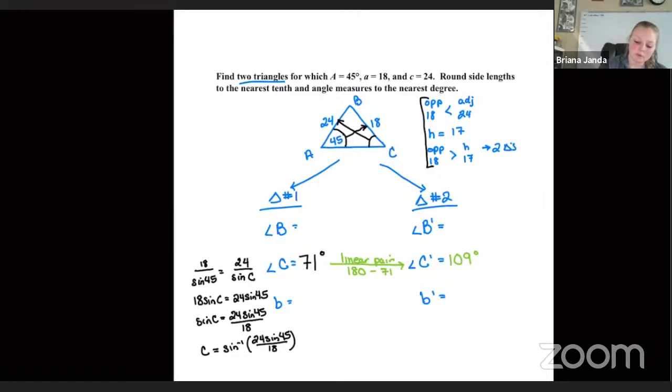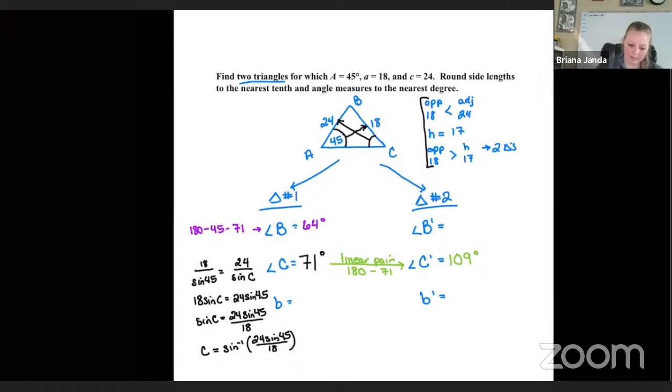Okay, let's move back to triangle 1. I'm going to go ahead and complete triangle 1. Because we know 2 out of the 3 angles, it's 180 minus 45 minus that angle C that we just figured out, which is 71, and that comes out to 64.